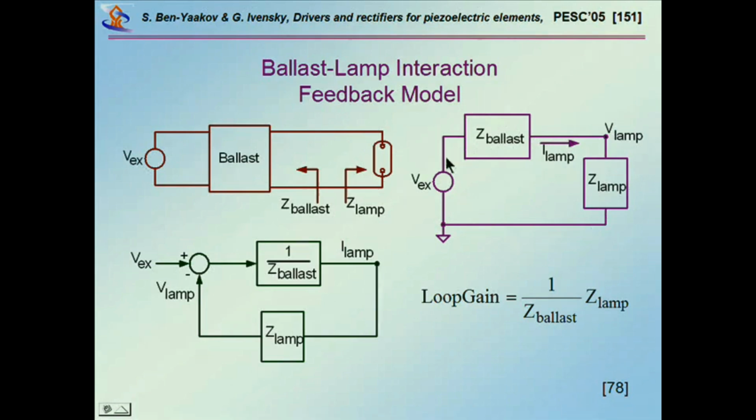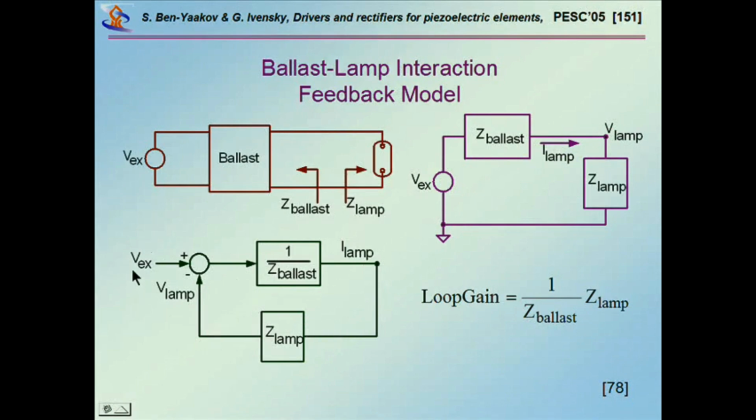Now, what is the voltage on the ballast? It's the difference between the voltage here and the voltage here. This is the voltage across this. What is the voltage of the lamp? It is the current times the impedance. So you can show this in this feedback scheme, which is very familiar and can be handled.